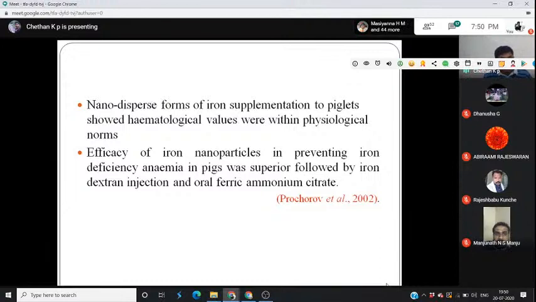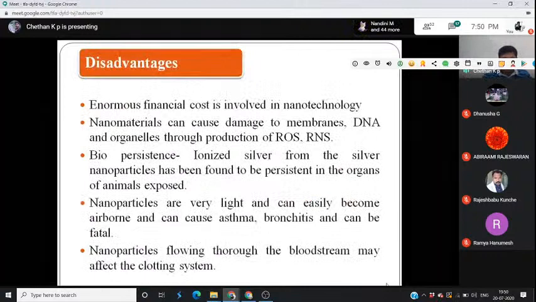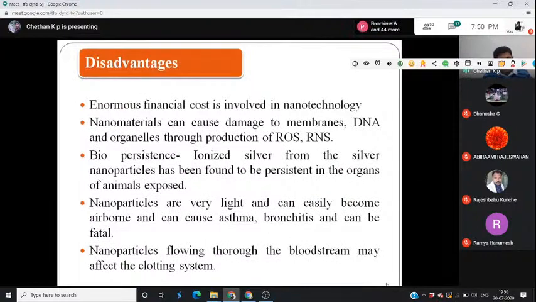The efficacy of iron nanoparticles in preventing iron deficiency anemia in pigs was superior, followed by iron dextran injection and oral ferric ammonium citrate. Compared to these two, the nanoparticle iron was better than the iron dextran injection or oral ferric ammonium citrate. So this is all about the effect of these different nanominerals on the performance of the animals.